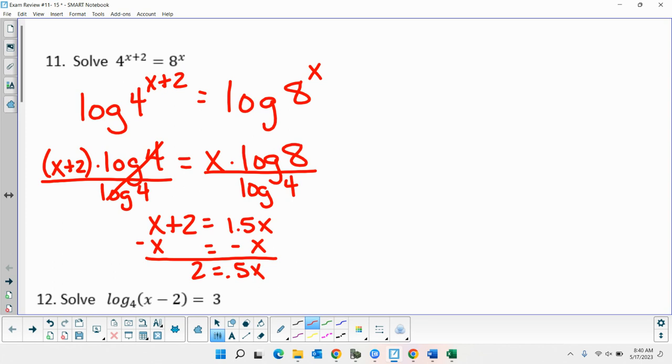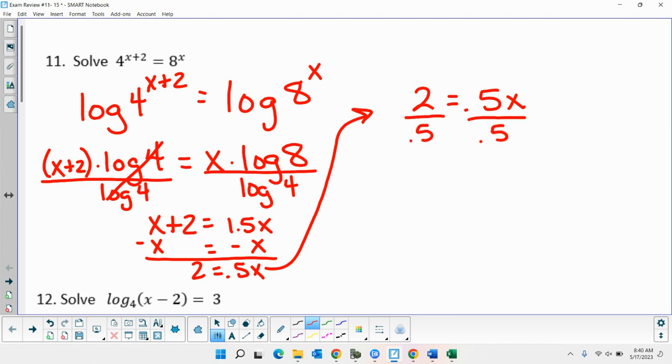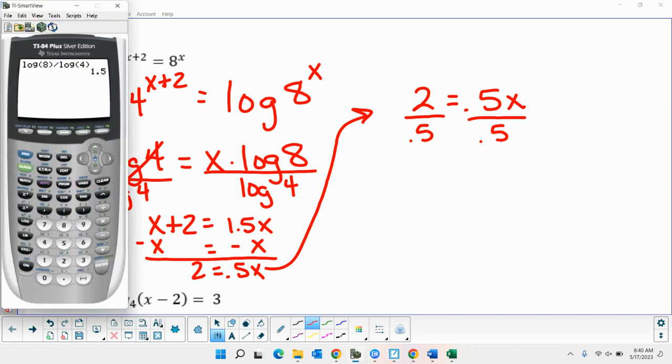All right, so then let's just move it over here so we've got it. Now what do I do with that 2? Divide. So 2 divided by 0.5 is 4.